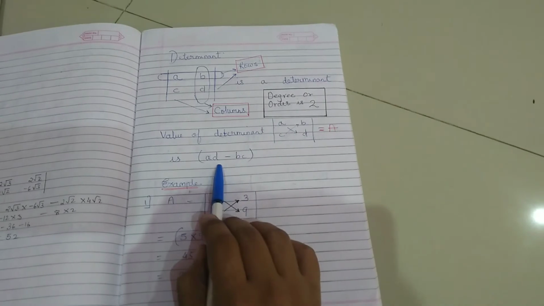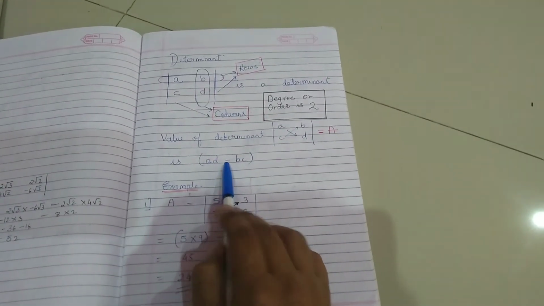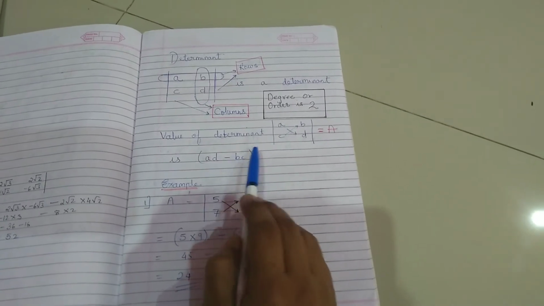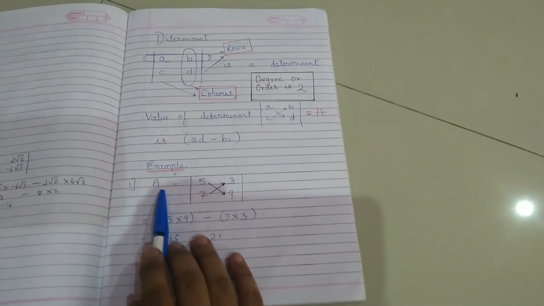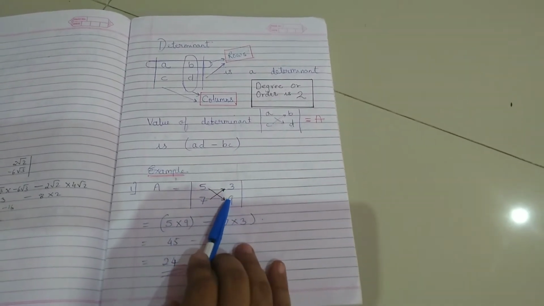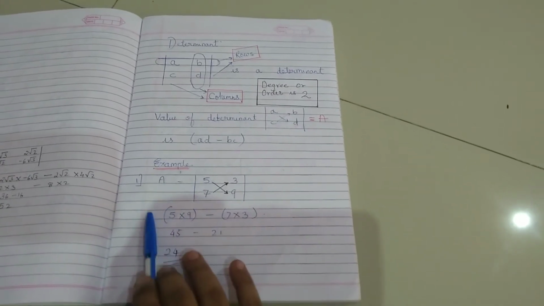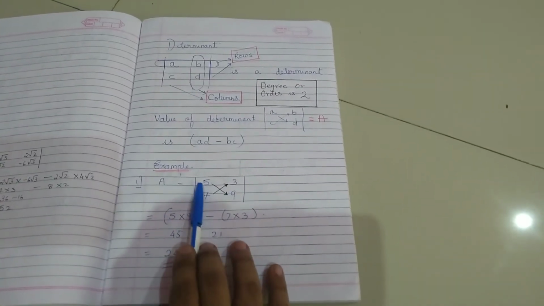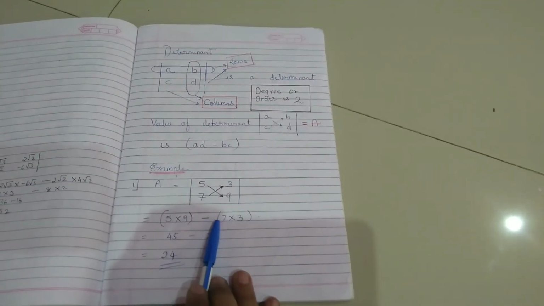I'll tell you again: a into d minus b into c. For example, we will take one, where the determinant is 5, 7, 3, 9. To find the value of this determinant, we will cross multiply: 5 into 9 minus 7 into 3.